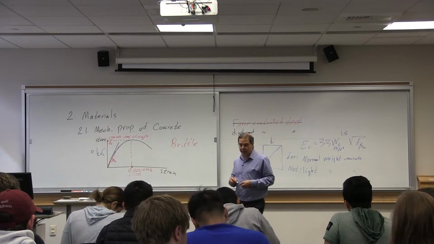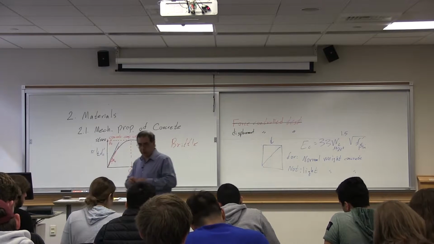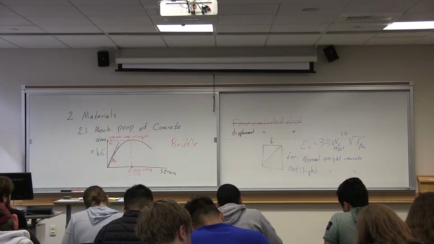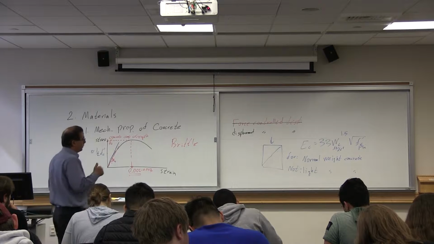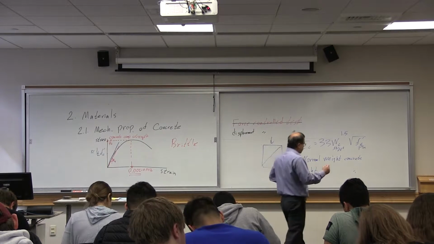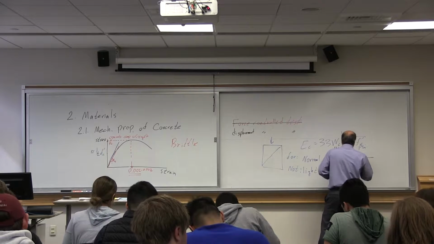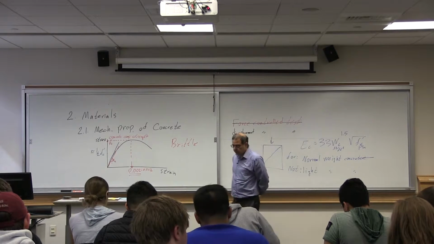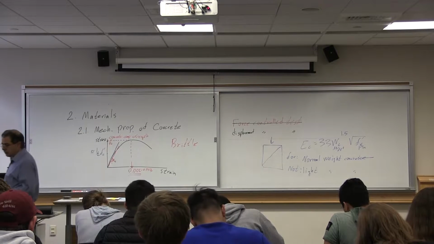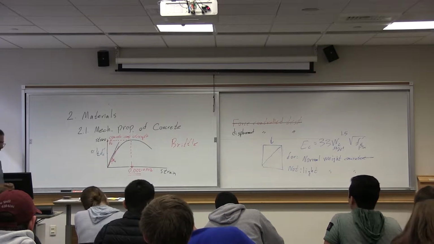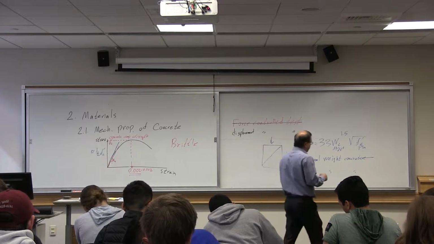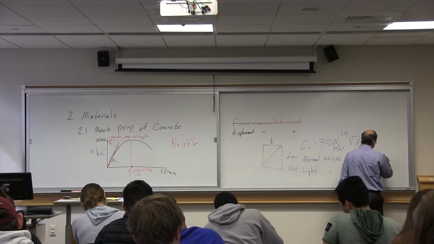There is also lightweight concrete that we don't really talk much about, but this equation does not apply to lightweight concrete. In this course, we focus on normal weight concrete. Normal weight concrete approximately has a unit weight of 135 pounds per cubic foot.